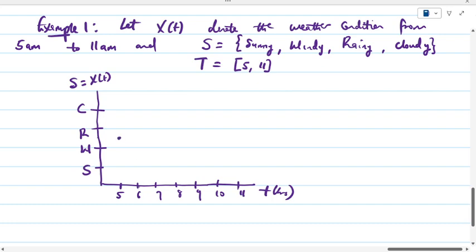Then for the next state, at time 6, the weather condition is between sunny and windy. By the time we move to 7 a.m., we have a change, maybe from raining to cloudy. At 8 a.m., I assume that it is definitely raining.